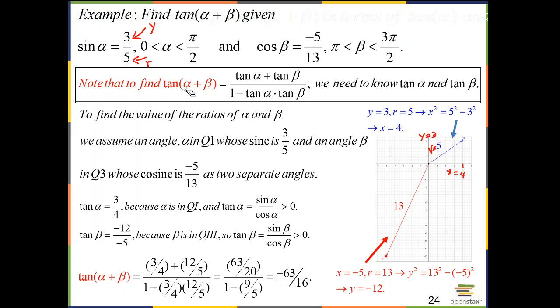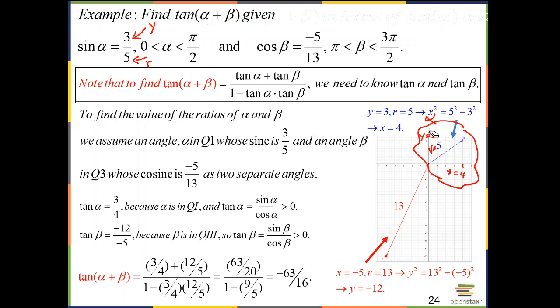All right, now from here, we can find whatever we have in the formula. You see the formula, tangent alpha plus beta involves tangent alpha and tangent beta, which we don't have yet. So from this right here, this relates to alpha. We're going to find tangent alpha.